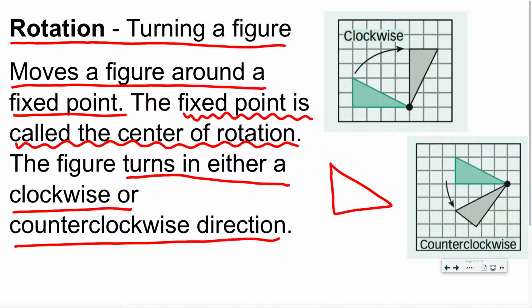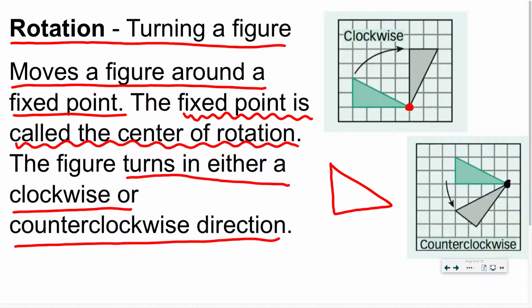The green figure is the original. And so here, this triangle, I take it and I rotate it. Now the problem with the rotation on the smartboard is that it just rotates it around this middle imaginary point. The center of rotation is an actual point. If this is the center of rotation, I'm taking my image and I'm rotating it up.